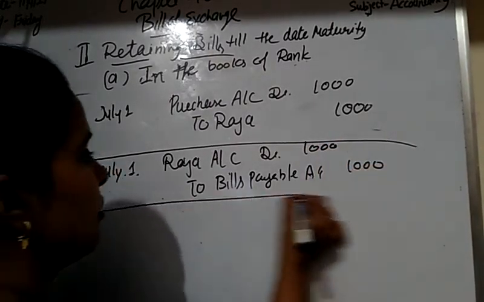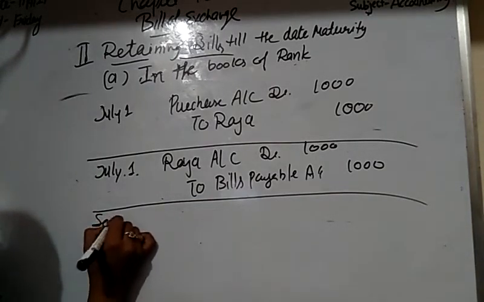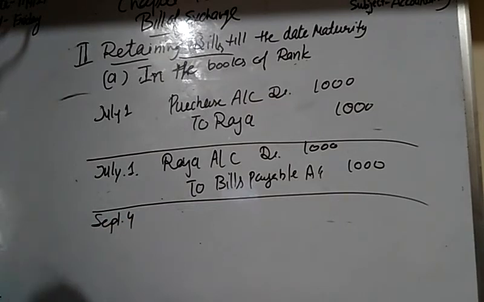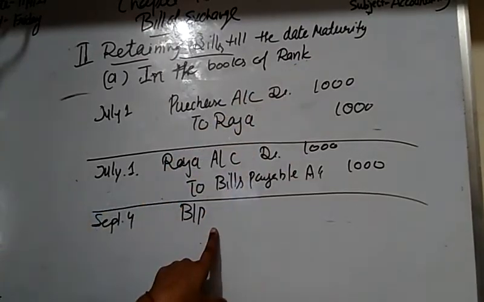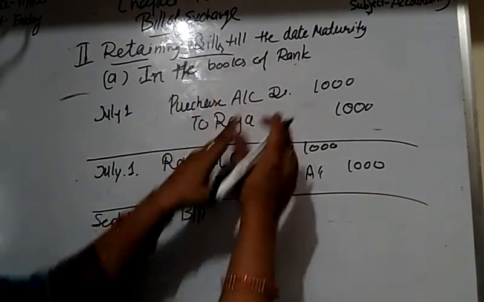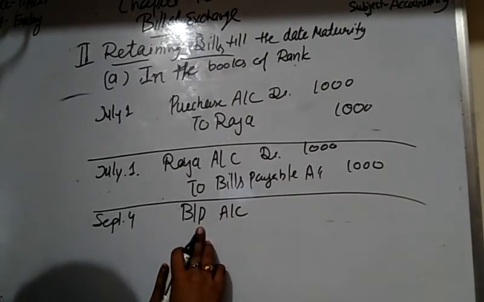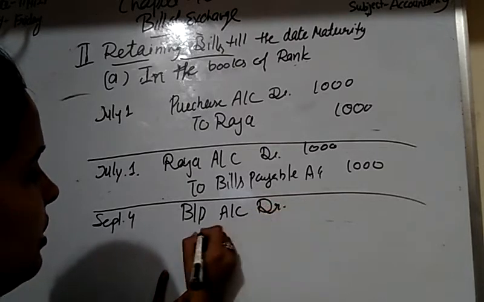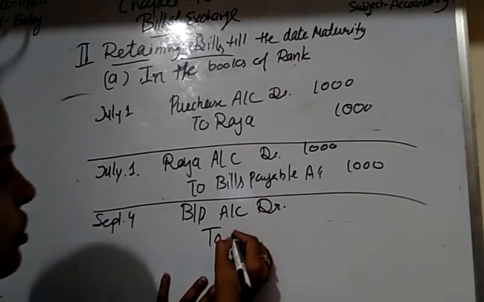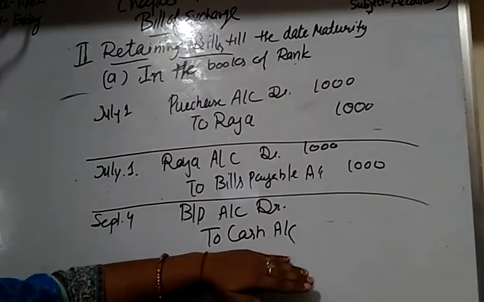So when the bill is paid on the maturity date, September 4th, Rank paid the bill. So bills payable is an expense for Rank. Bills payable account, B/P, debit to cash account, because Rank paid cash.